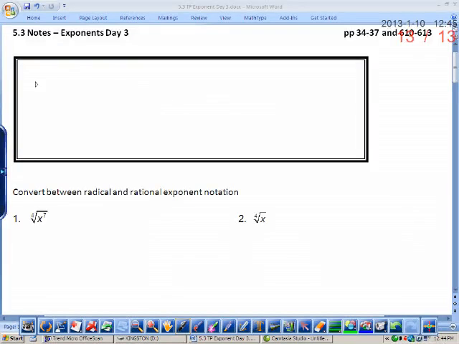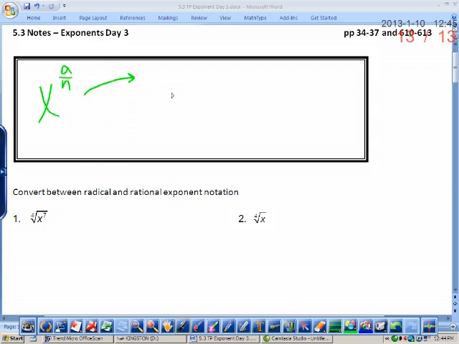So, if I were to give you x to the a over n power, we can think of that in two very similar but slightly different ways. Okay?